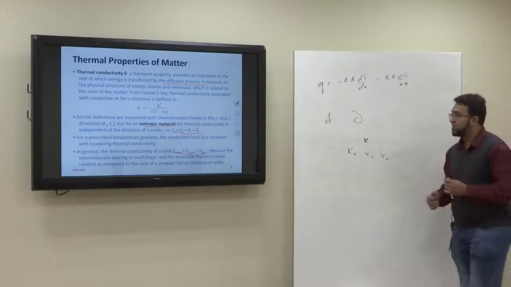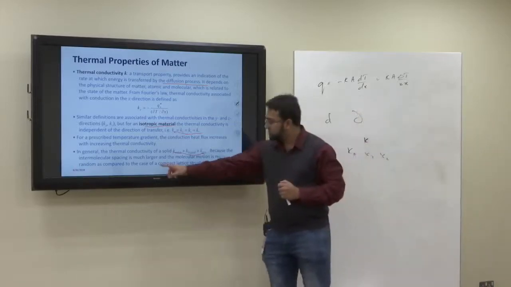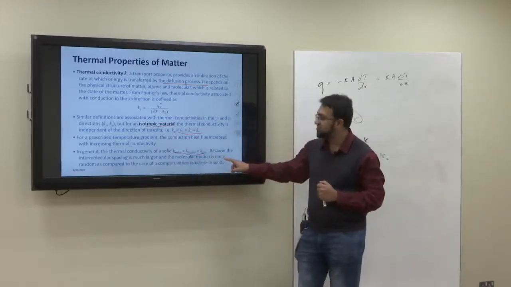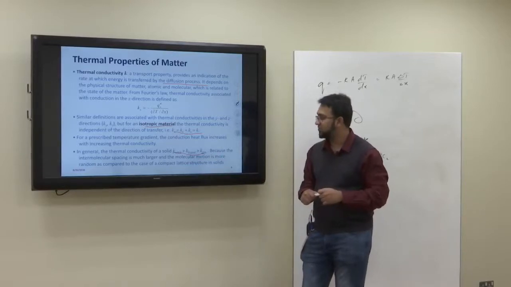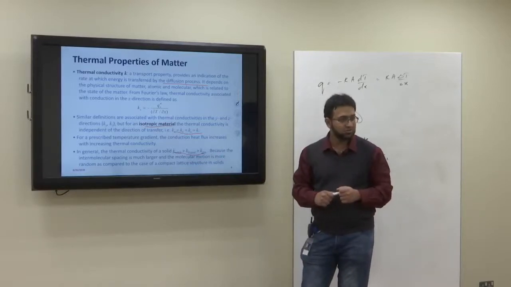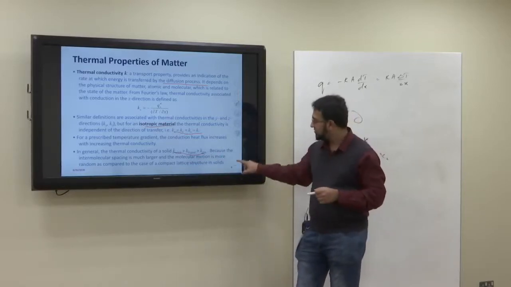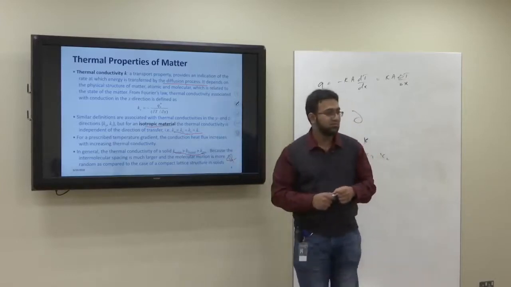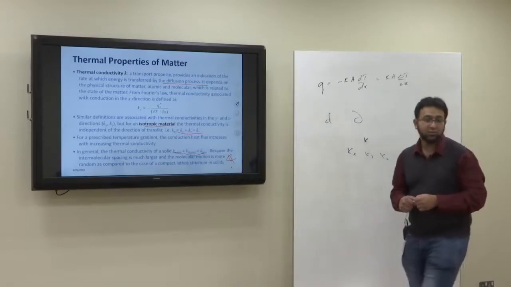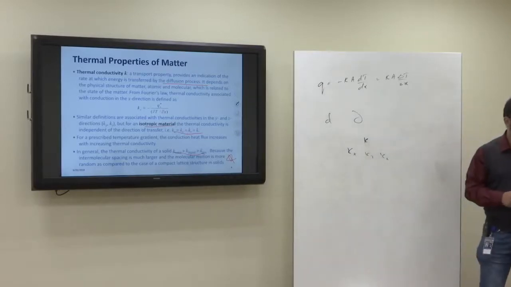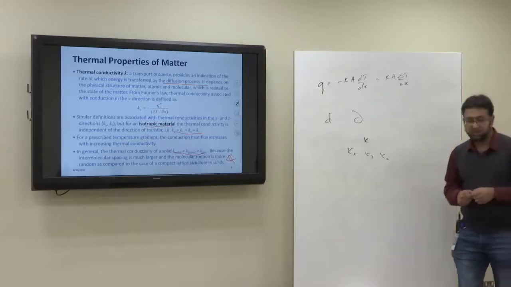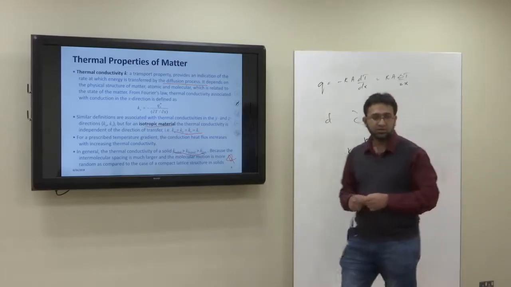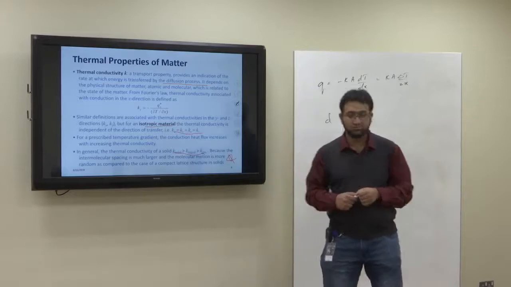Because the intermolecular spacing is much larger and the molecular motion is more random as compared to the compact lattice structure in solids. So I can ask you a short question: why do we have the K value of solid greater than that of liquid, which is greater than that of gas? Is there any question you need to ask?